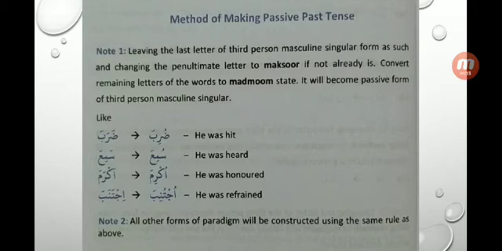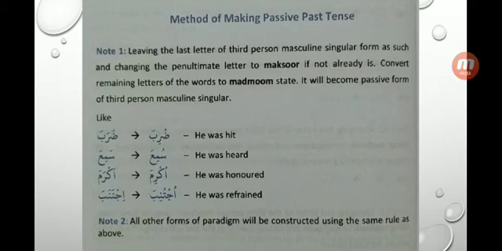Convert the remaining letters of the word to mazmum state. It will become the passive form of third person masculine singular. So zaraba will become dhuriba. You also see how the meaning is being changed. Zaraba means to hit, and dhuriba, he was hit.